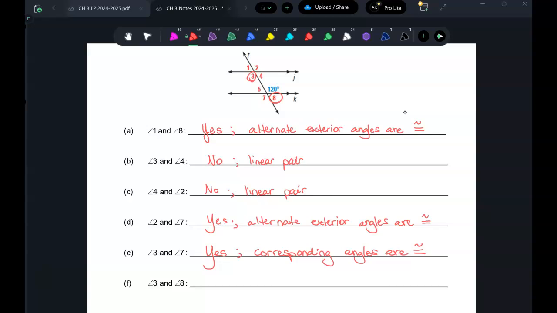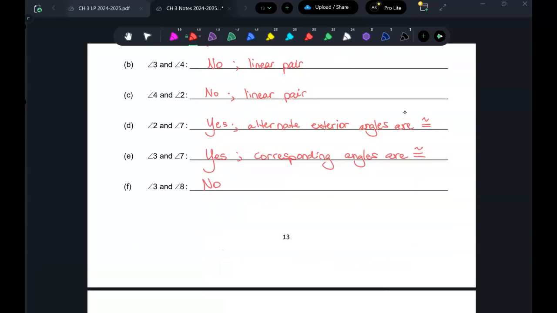Could 3 and 8 be corresponding? No. 3 and 7 are corresponding. So what are they? They're nothing. They don't make a linear pair. They're not alternate interior. They're not alternate exterior. So they have no angle relationship there.